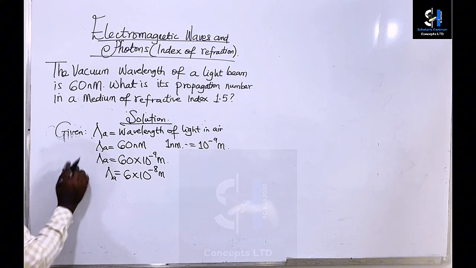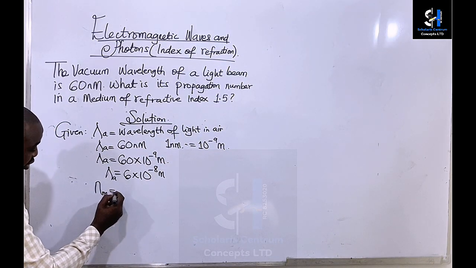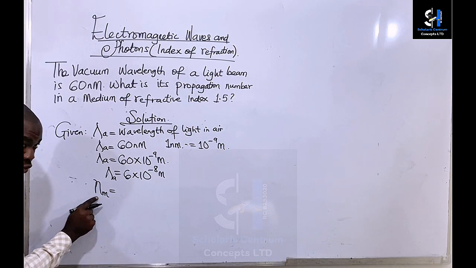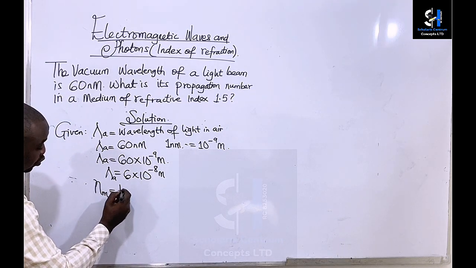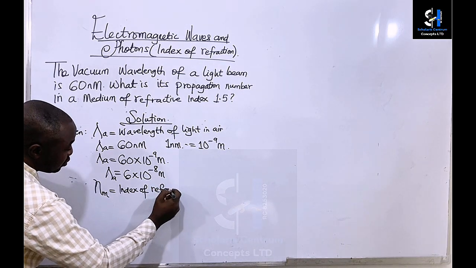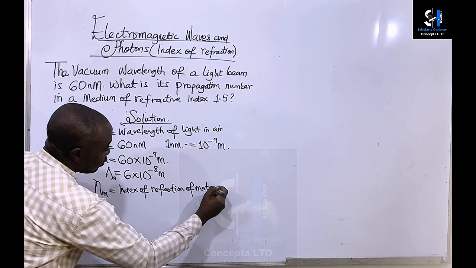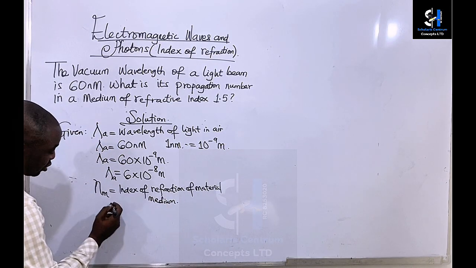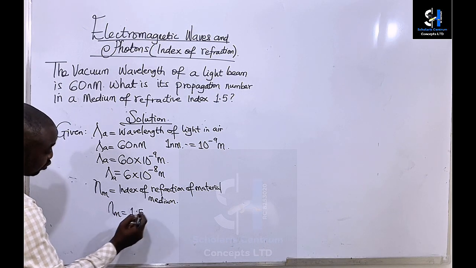Next, we are given the index of refraction of the medium. This is one of the symbols that can be used to designate the index of refraction of the material medium, and it is given to be 1.5.